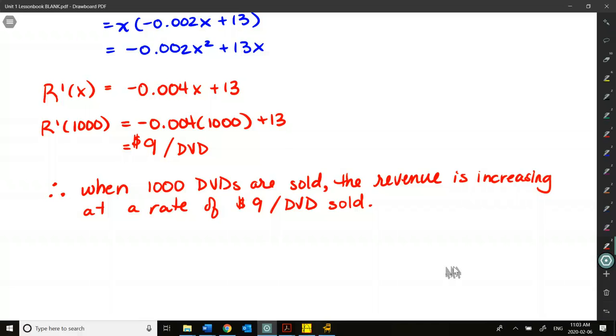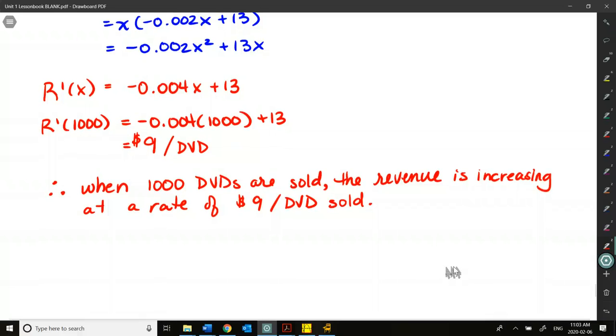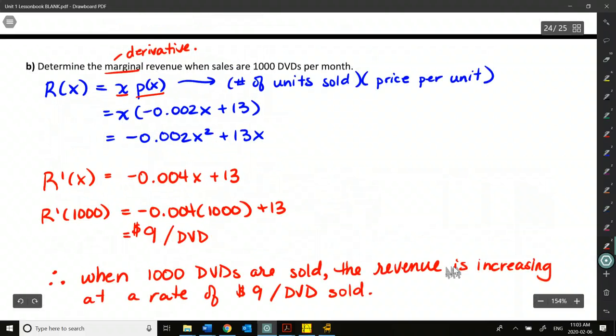Okay, so marginal revenue, just find the derivative of the revenue function. Revenue you can find by multiplying x by your price function.